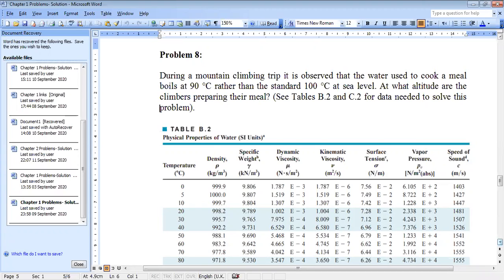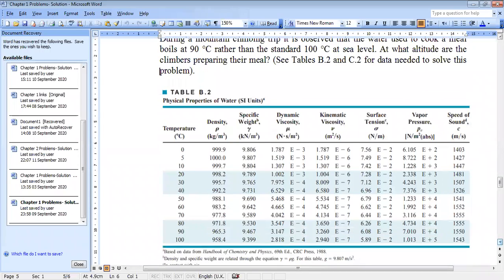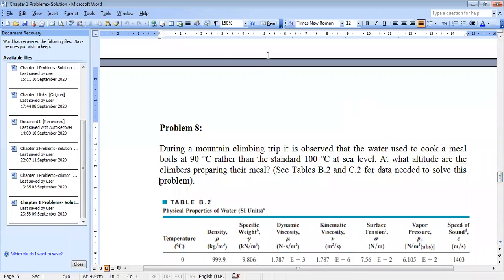Okay? Now, what should we do here? They told us that the meal is boiling at 90 degrees instead of 100 degrees. What do we understand by this? What is the information we can understand? That the vapor pressure at 90 degrees at this altitude is lower, okay?